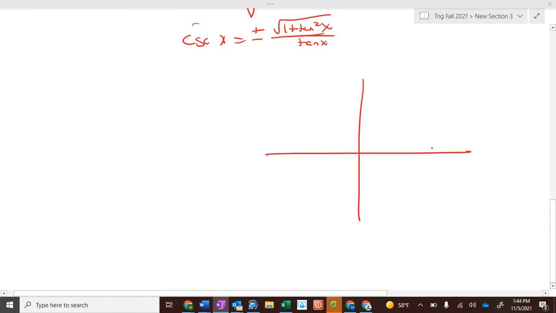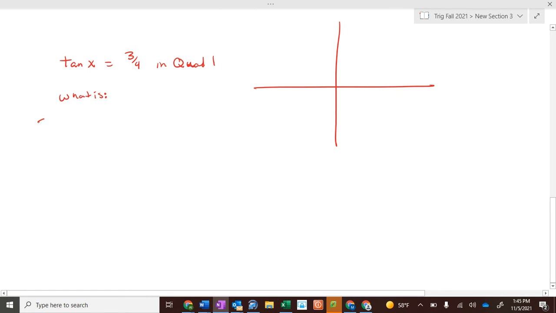If the tangent of x equals 3/4 in quadrant 1, what is the sine of x, cosine of x, cosecant of x, secant of x, cotangent of x.